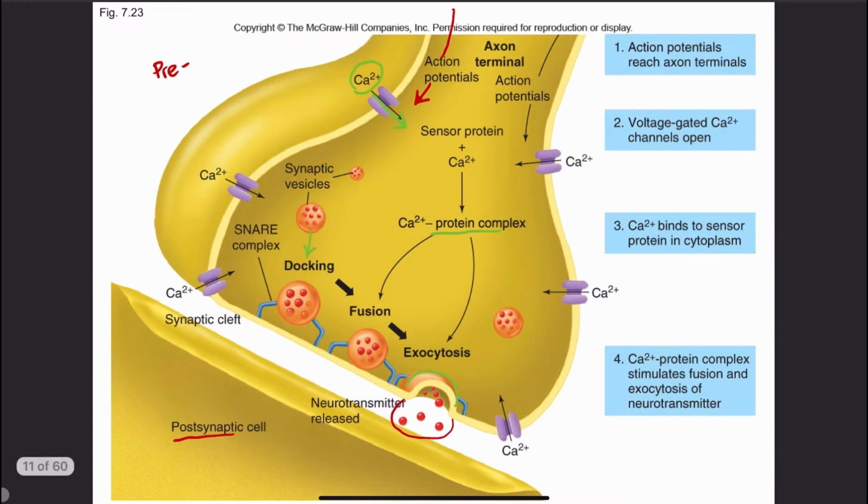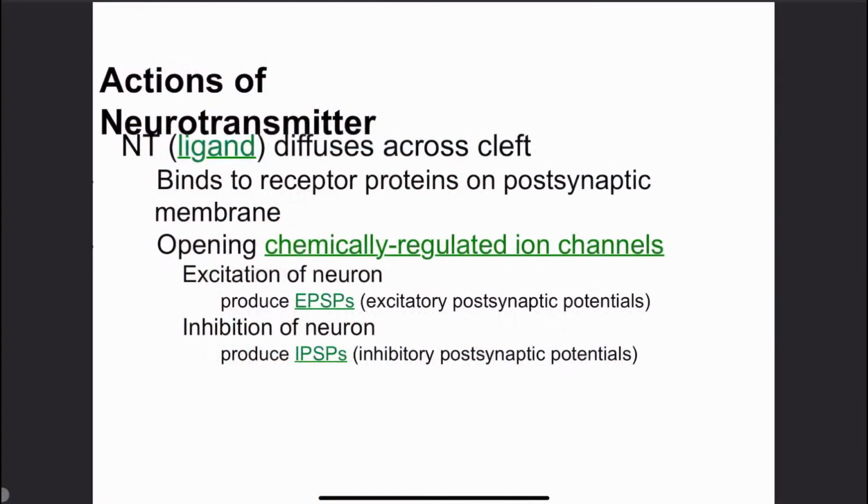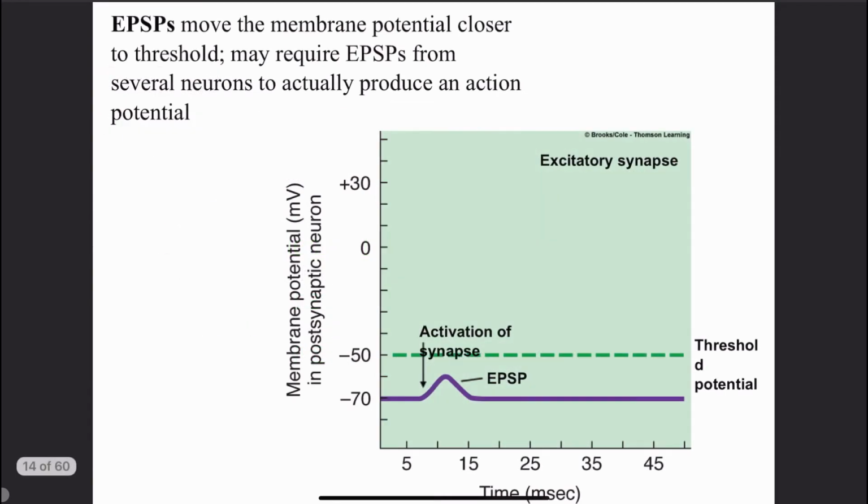Once neurotransmitters are released, we will have receptors on the postsynaptic cell that will bind, and that can either excite or inhibit action in our postsynaptic cell. So depending on whether they will excite or inhibit the postsynaptic neuron, they are called EPSPs or IPSPs.